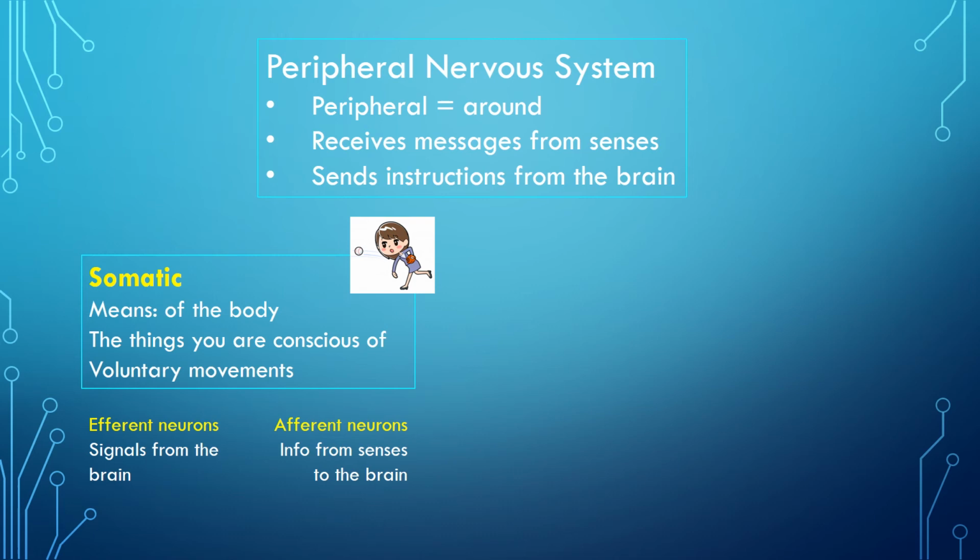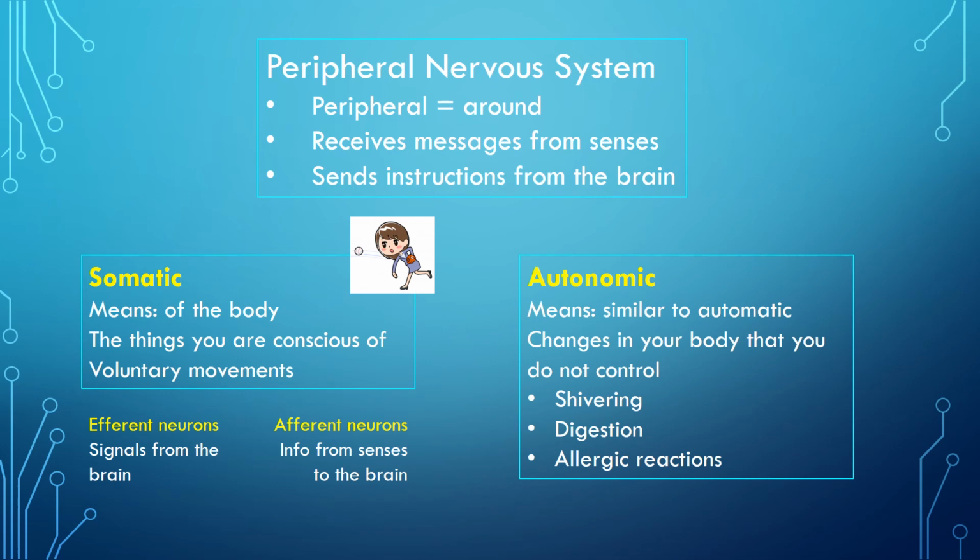However, there is a lot in your body that you do not have any conscious control of. These things are controlled by the autonomic nervous system. All right, autonomic, very, very similar to the word automatic. These include things like shivering, whether or not you are doing digestion, your allergic reactions, all right, anything that happens in your body that happens without you needing to think about it.